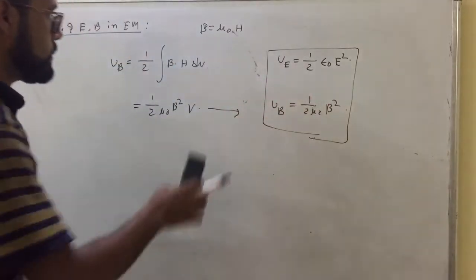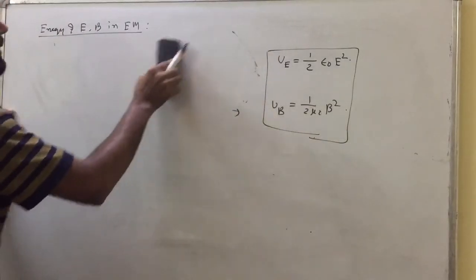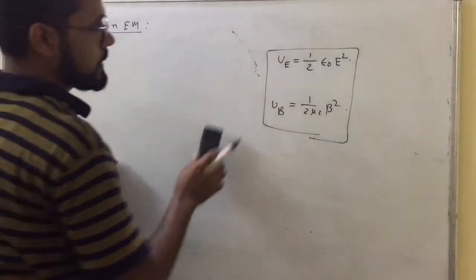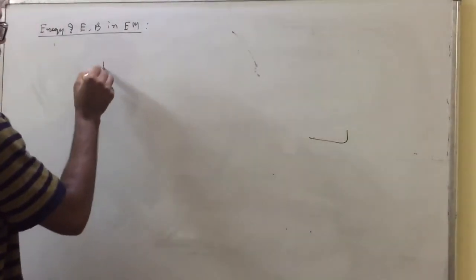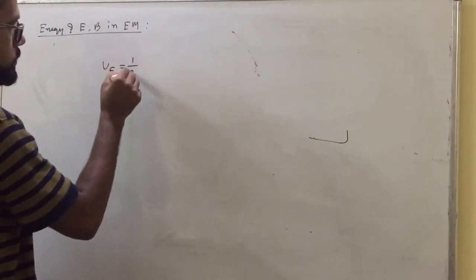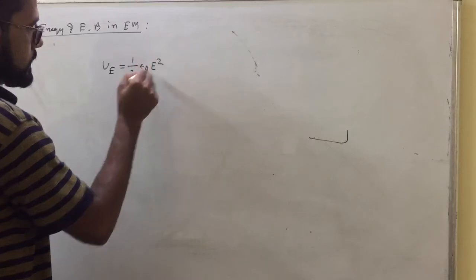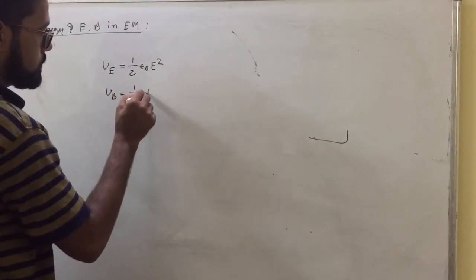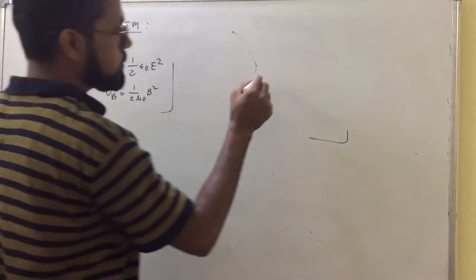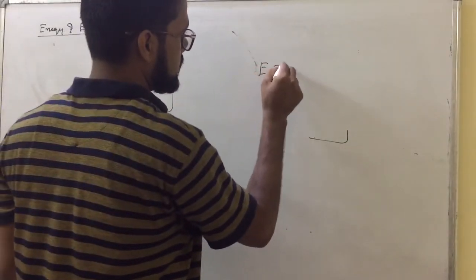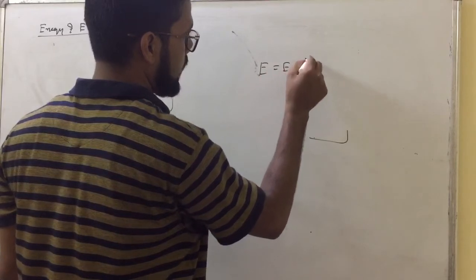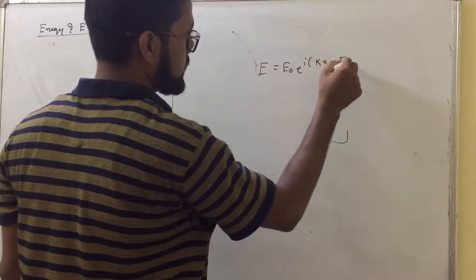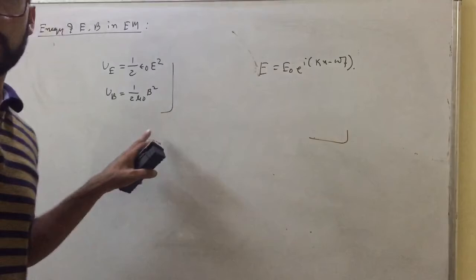Okay. Now suppose we are going to calculate the average energy. This is the formula, 1 by 2 epsilon naught E square. This is the magnetic field energy, 1 by 2 mu naught B square. Now if I take the electric field equal to E naught e^(i(kx minus omega t)), I cannot use this formula here.